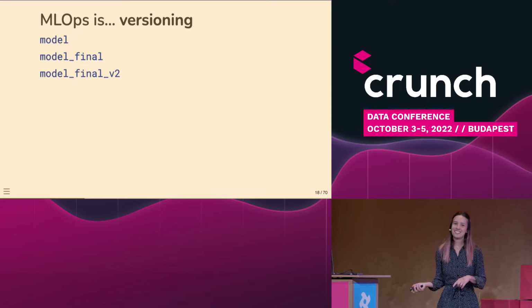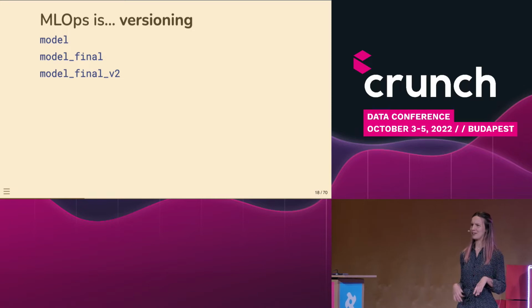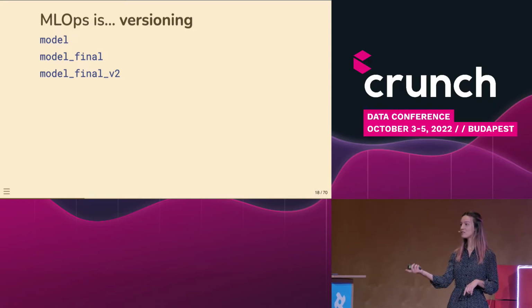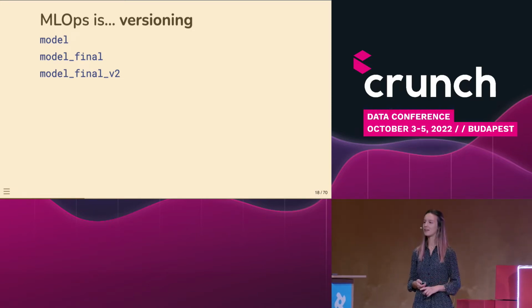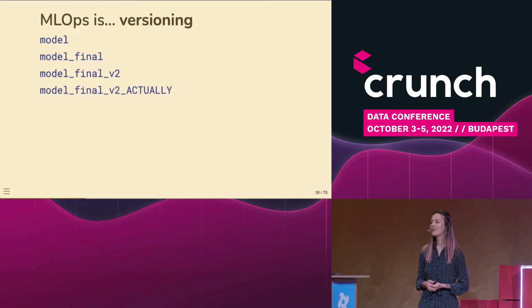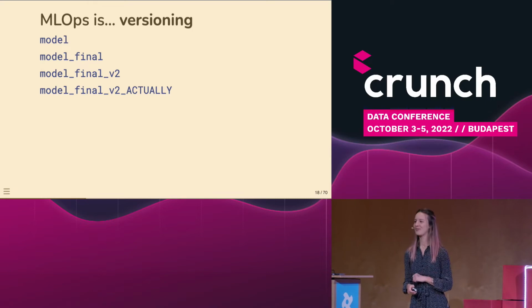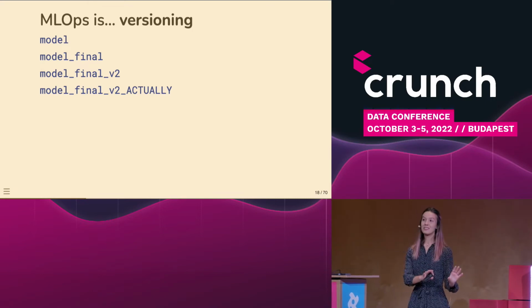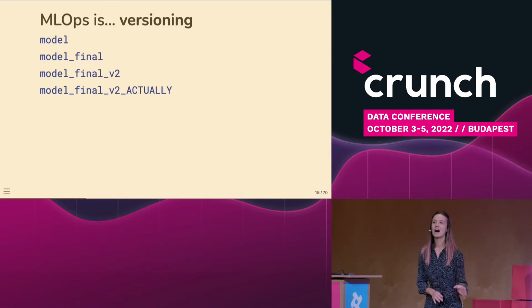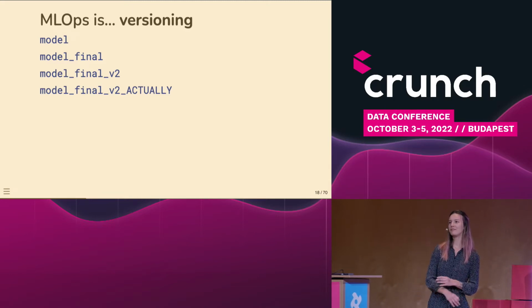And then actually there's been some data drift or something, and there's still more to be done with this model. And now we have "model final version 2 actually" this time. We're ready to deploy. Okay, so this lacks context, and it's not scalable for one model. So what happens when you have hundreds of models? This is not going to work.